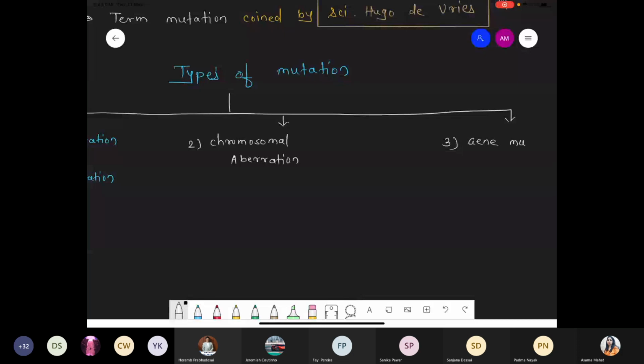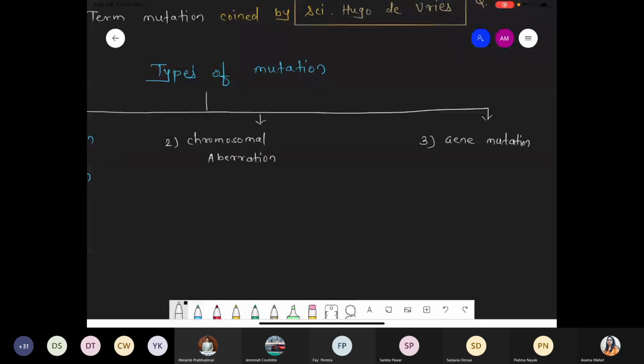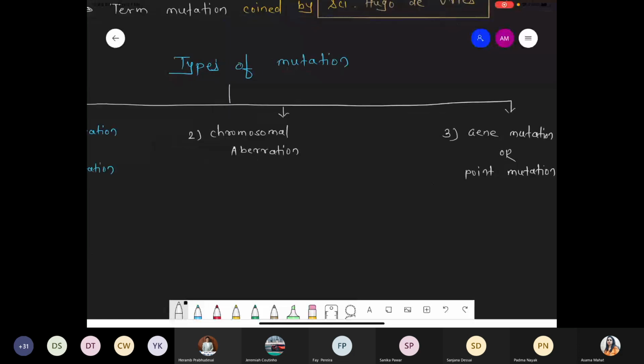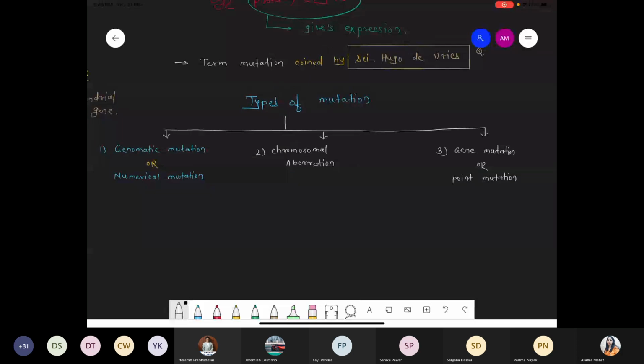Gene mutation is also called point mutation. So quickly we are writing the simple definition with respect to three: numerical mutation also called genomic mutation, second chromosomal aberration, and the third gene mutation also called point mutation.